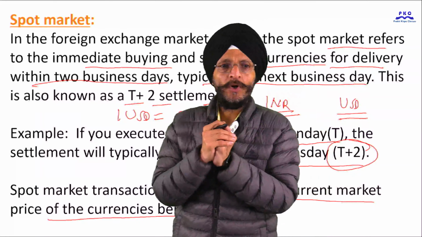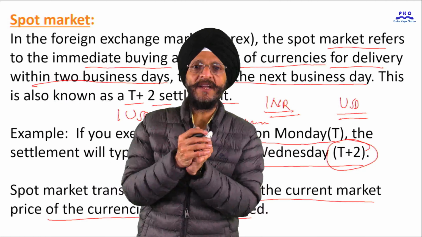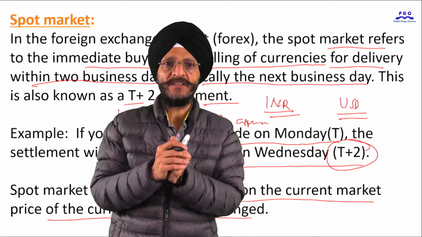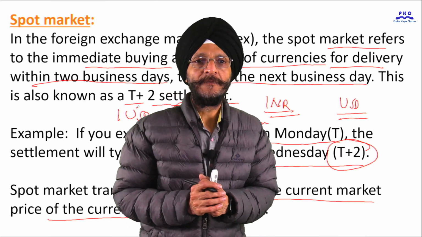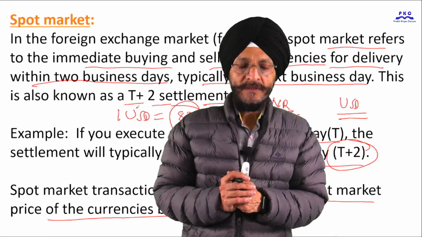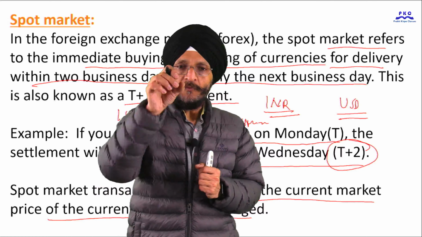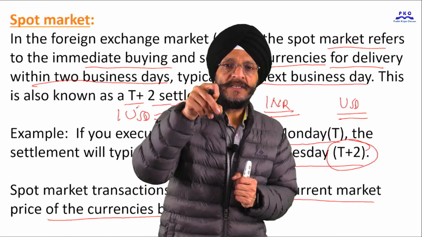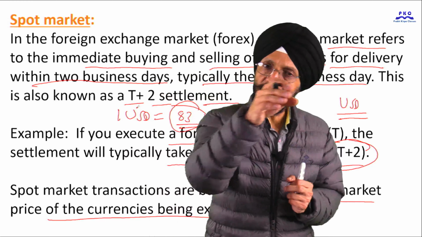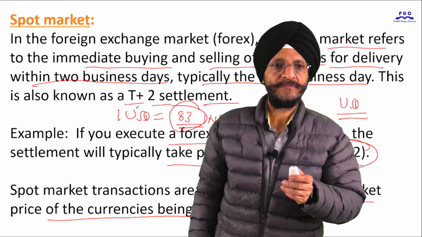In the case of spot market transactions, if I want to purchase US dollars, I will have to pay 83 Indian rupees. That is, I will have to pay the present price of the other currency in the form of domestic currency.